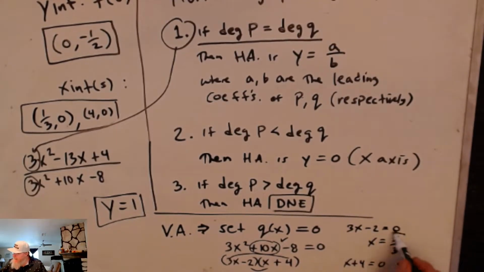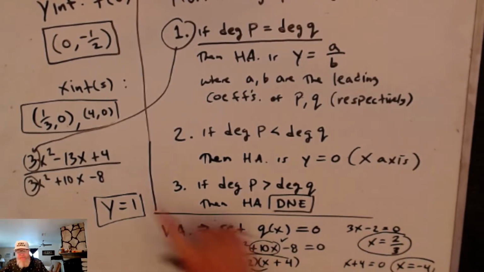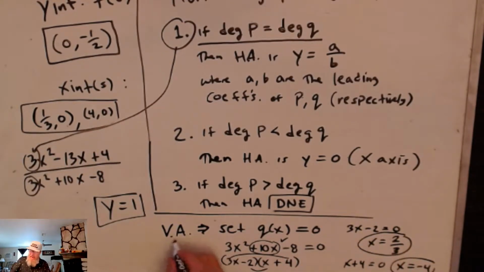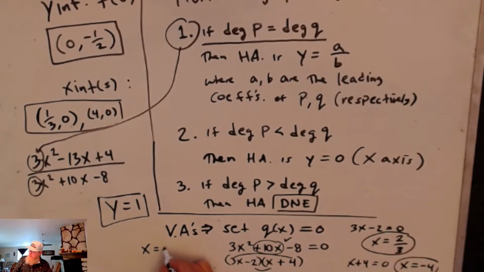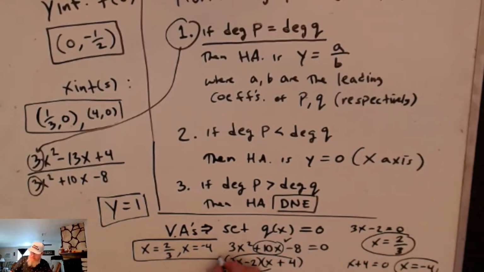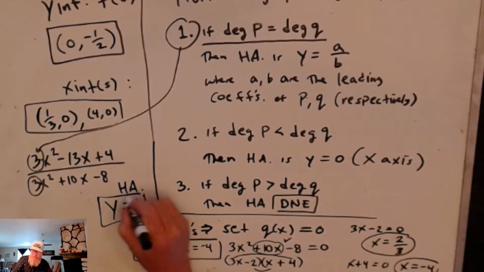Now, these are asymptotes, so we do not write them as coordinates. We write them as lines. So the VAs, there's actually 2 of them, are x equals 2/3 and x equals -4. Those are our VAs.